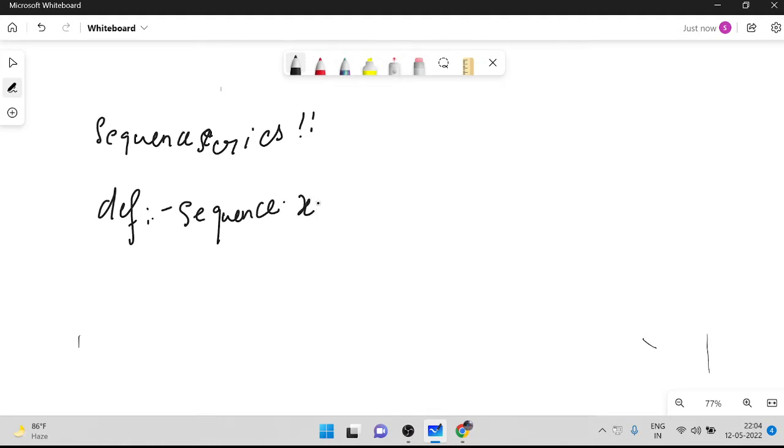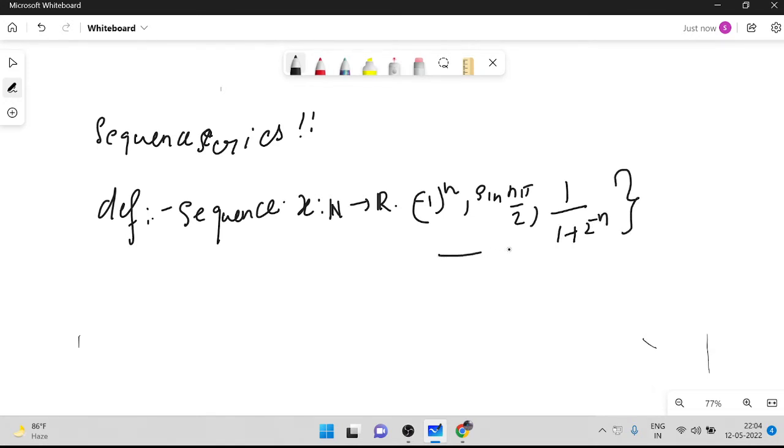Basically, a sequence is a map from natural numbers N to real numbers R. A few examples are minus 1 power n, sine n pi by 2, 1 by 1 plus 2 power minus n. These are some examples of sequences that we have seen in our previous class.